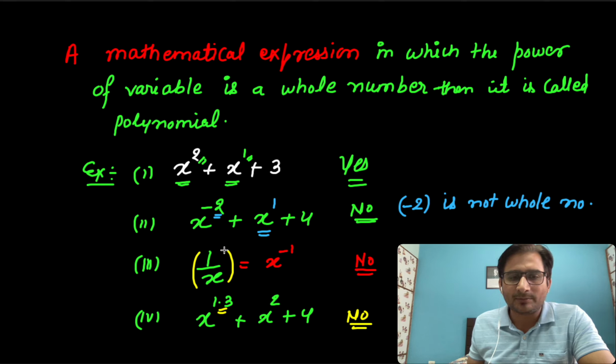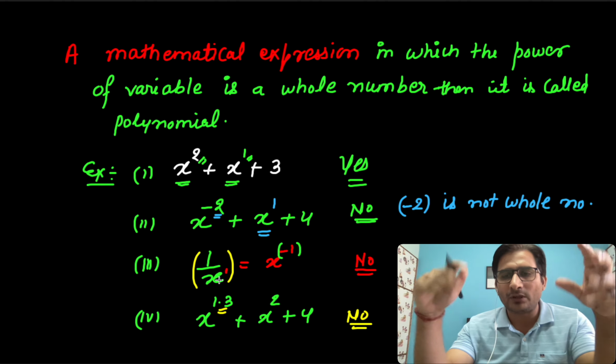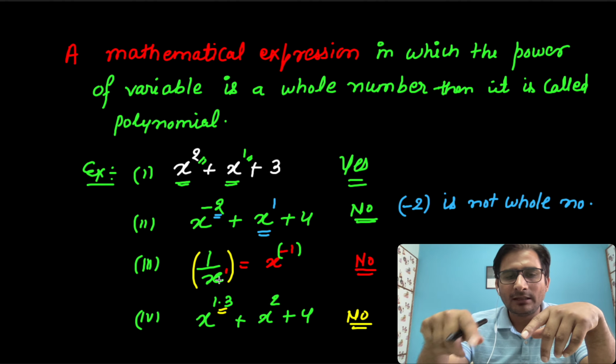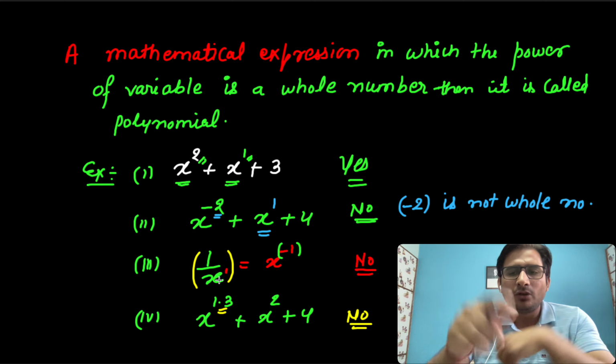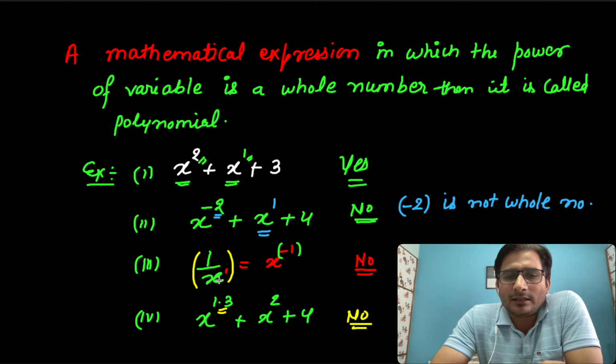If I shift this x to the numerator, it becomes minus 1, and minus 1 is not a whole number, right? And if you check the power in the denominator, it is 1. It seems to be a polynomial, but it's not a polynomial. You must take it to the numerator and then check the power.